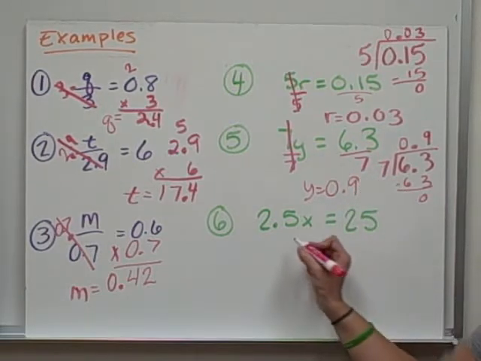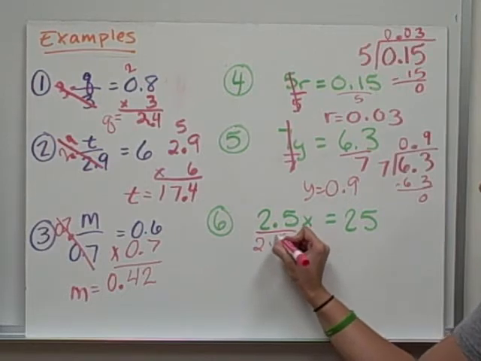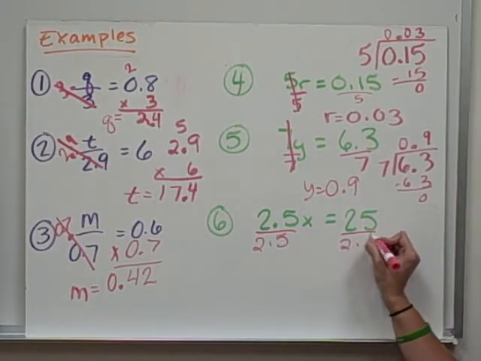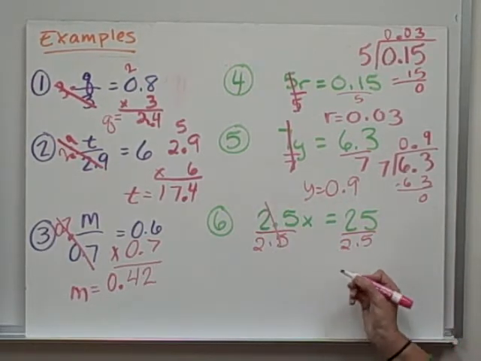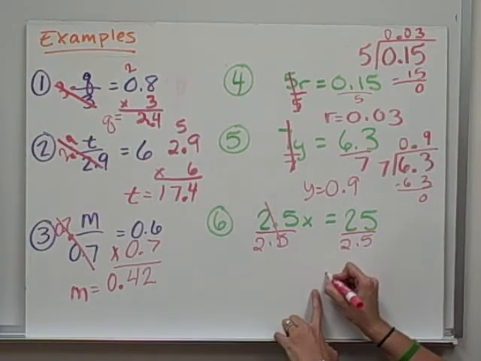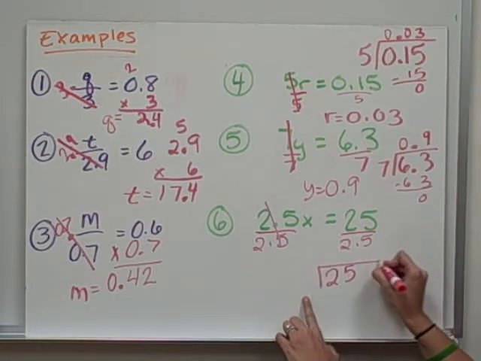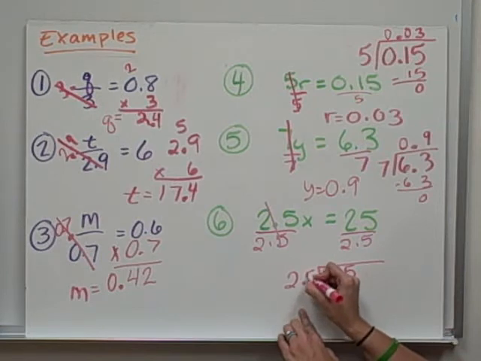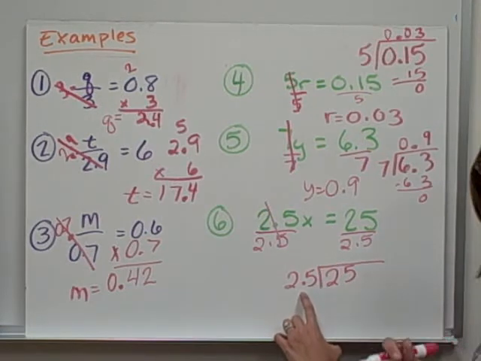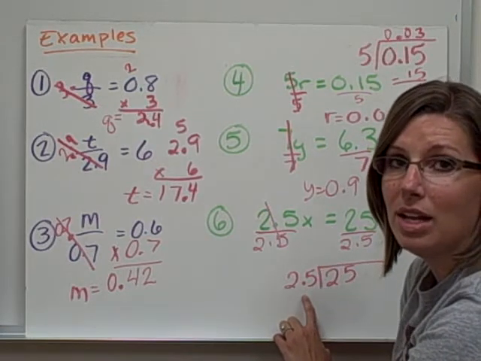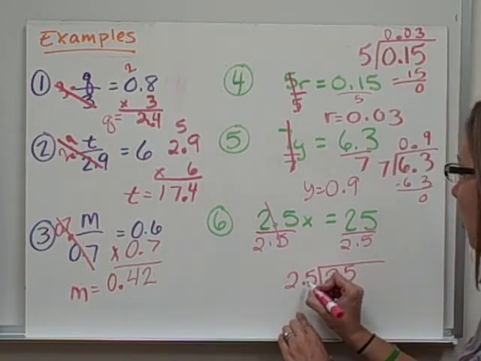And for my last one, divide by 2.5. So if I set up my long division, 25 divided by 2.5. Remember guys, I cannot have a decimal on the outside of my long division, so I must move it over once.